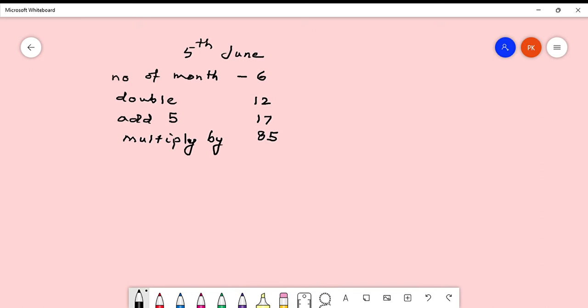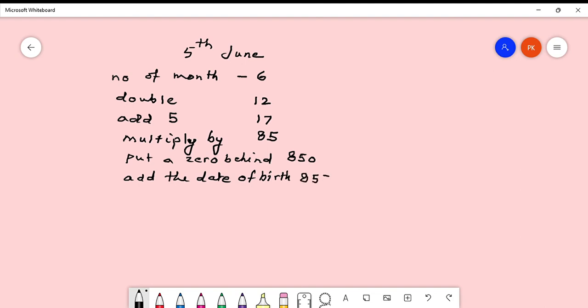Then put a 0 behind. That will be 850 and then tell that lady to add the date of birth. So that will be 850 plus 5, 855.